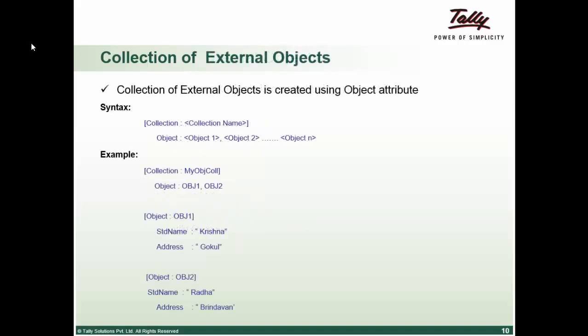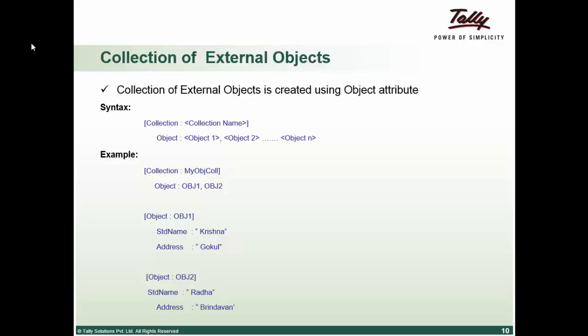A collection of an internal object. So what does a collection contain? A collection is a group of objects. So there is an attribute where you can write object colon and give the list of the objects that this collection contains. The object attribute is used to create a collection of user-defined objects, and a collection can have multiple collections or objects in it.